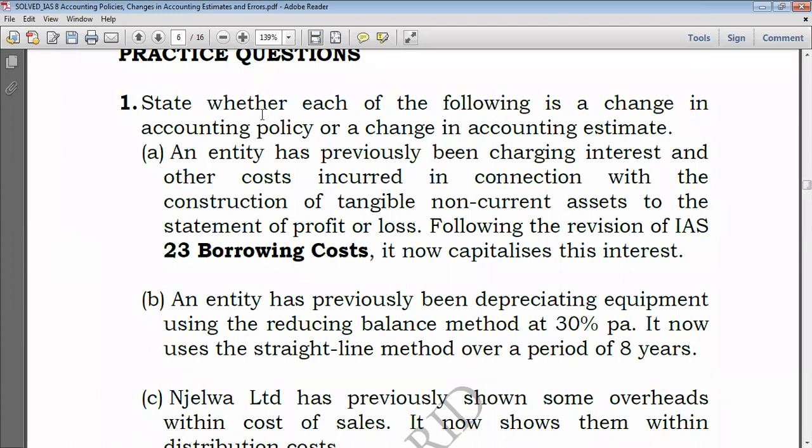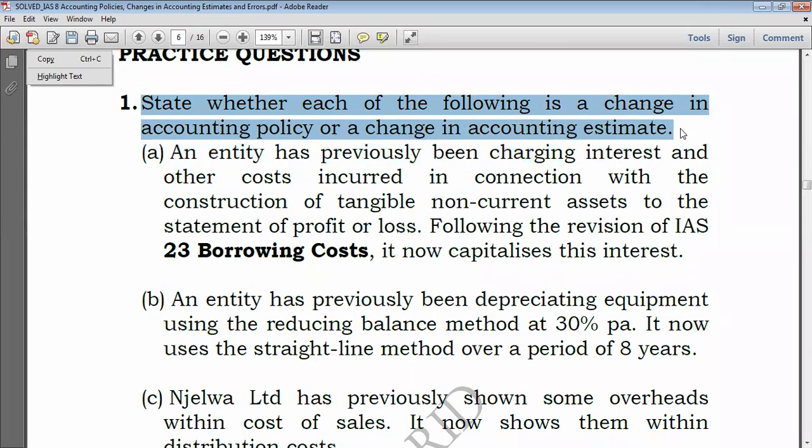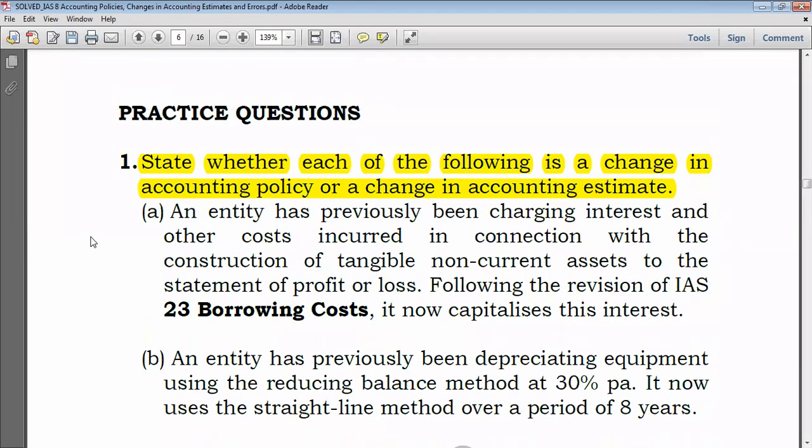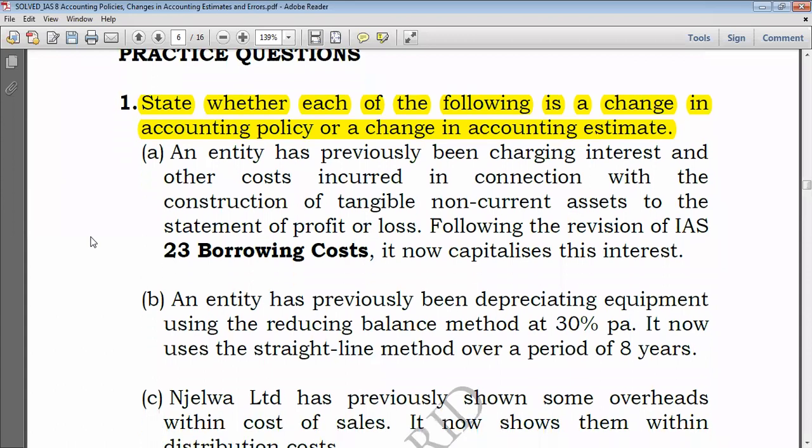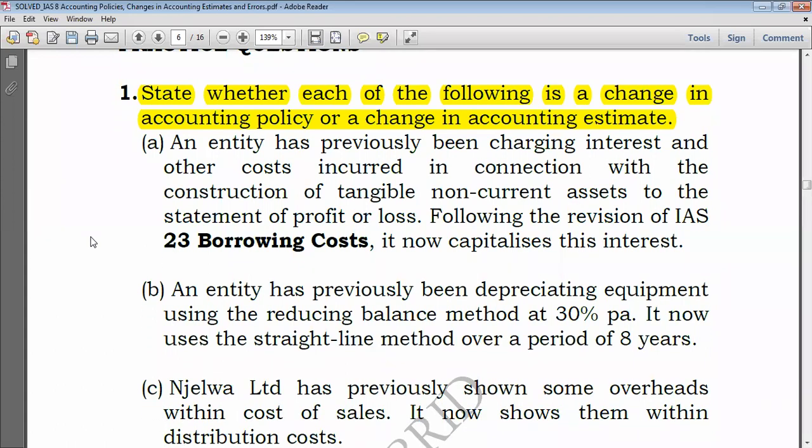The question requires us to state whether each of the following is a change in accounting policy or a change in accounting estimate? You ask yourself, is this a change in accounting policy or is it a change in accounting estimate? As I told you, a change in accounting policy includes changes in measurement basis, changes in presentation, all right, changes in disclosure, things like that.